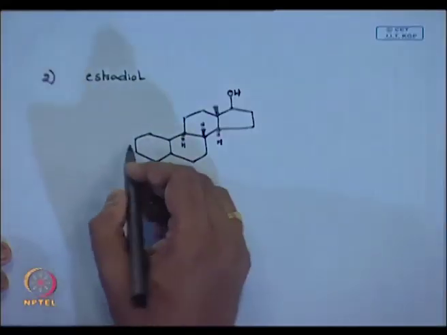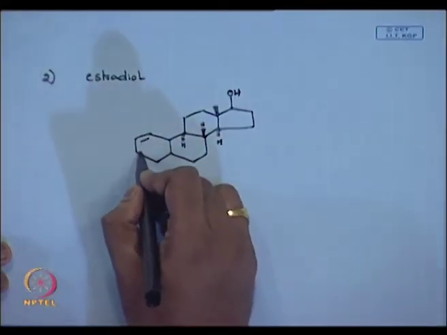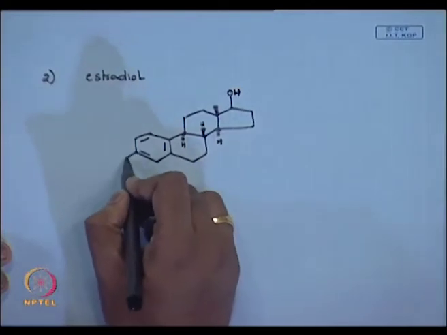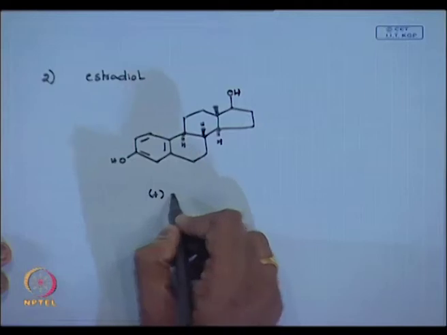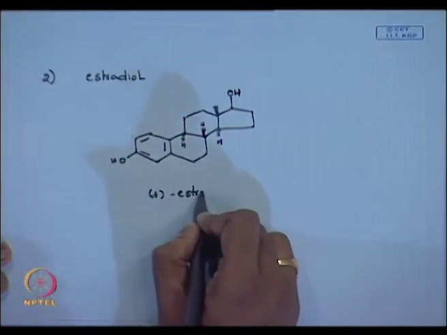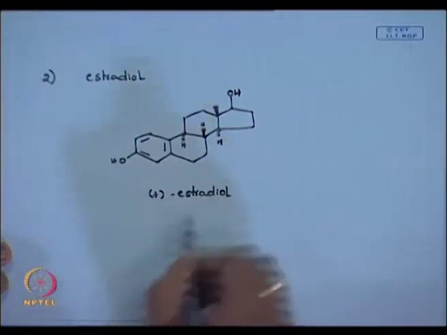This is your estradiol. The thing is that it has nice chiral carbon centers, and that is always nice for you. As an organic chemist, you look for chiral centers. This compound is called plus estradiol.